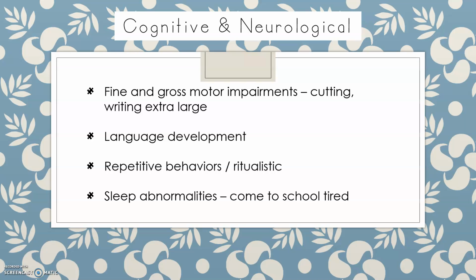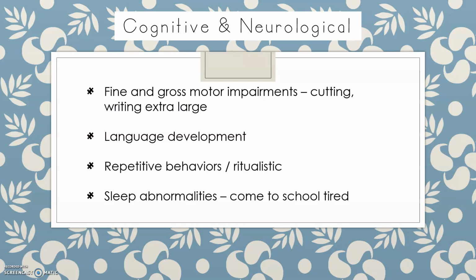Students writing extra large. I have one student whose letters, whether uppercase or lowercase, are all the same size across his page. We're trying to have him use a yellow highlighter to show where the position of the letter should be on the line.